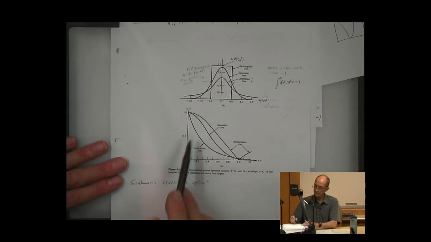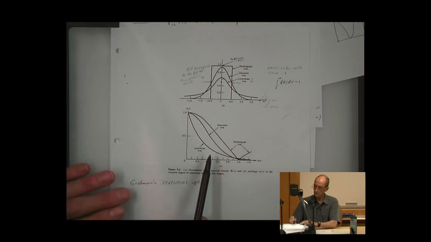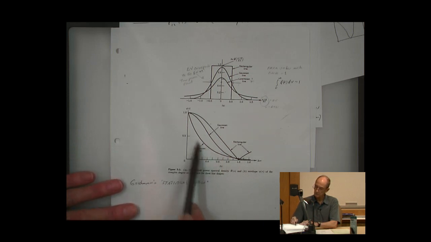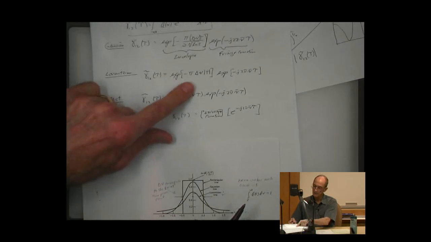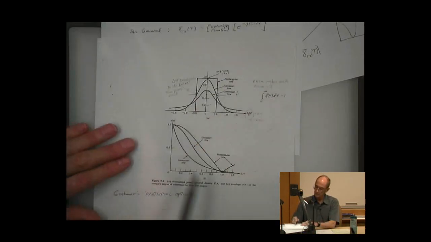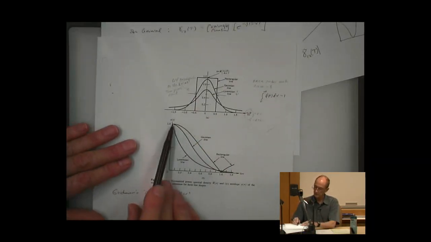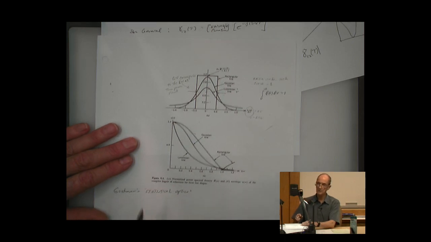If we look at this gamma function that we have for the complex degree of coherence, we see the Lorentzian is a decaying exponential, which is exactly what we have. We have the Gaussian, which is a little broader, and the rectangular, which is this oscillating function.